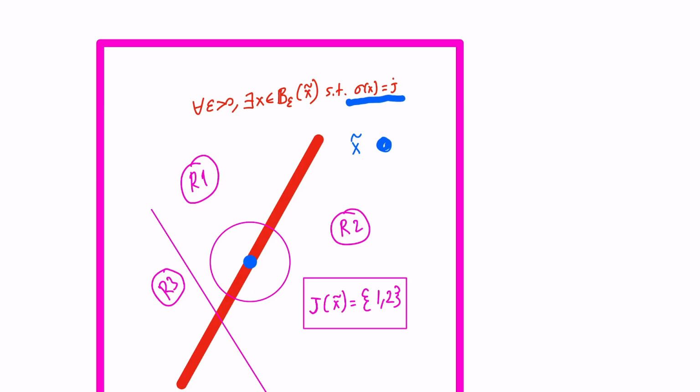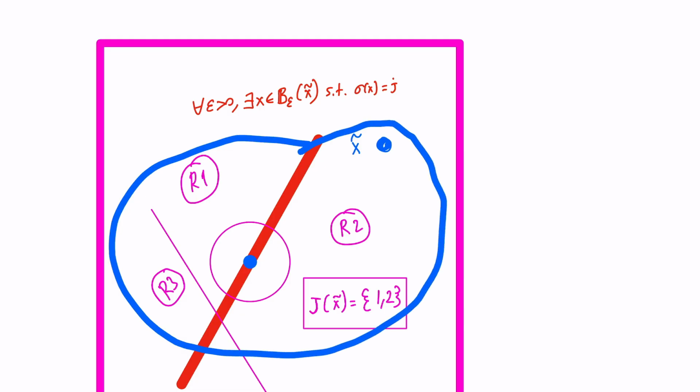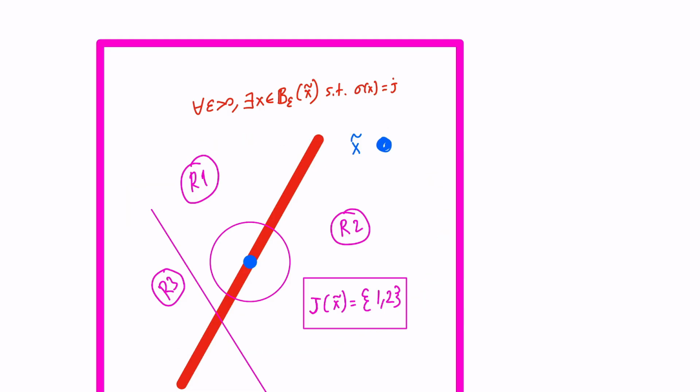the corresponding subsystem is J. Here we have this state space and this blue dot signifies x tilde.